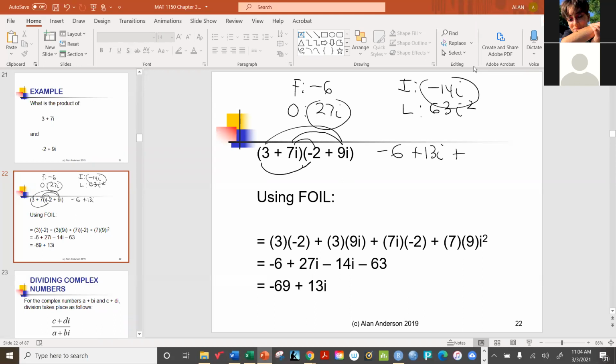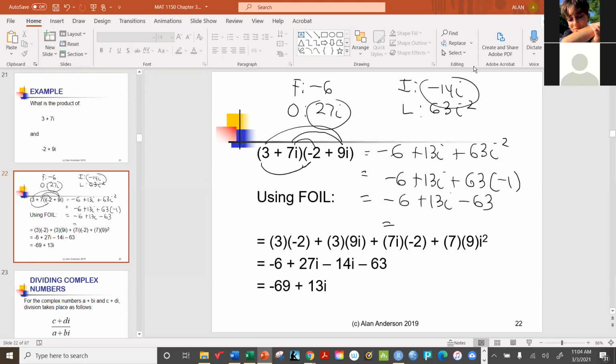And then here we have plus 63i squared. Now you can convert this into -1. So you'll have minus 6 plus 13i minus 63. And of course, that ends up being minus 69 plus 13i. And we're done. It's that simple. Very nice.